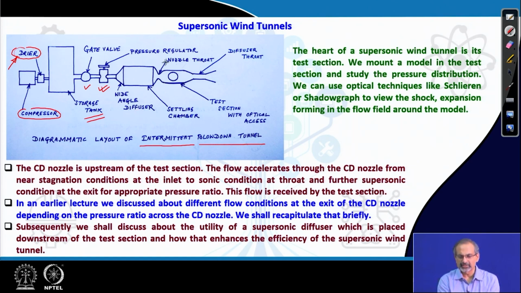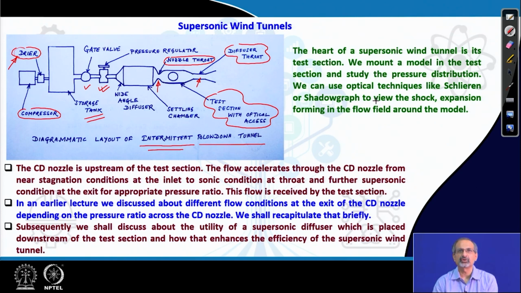Then you allow it to run through a CD nozzle, where you can see the nozzle throat, and then into a constant area test section with optical access, and finally, the flow moves through what is called a supersonic diffuser, where you can see the diffuser throat over here, which is slightly more extended than the CD nozzle throat that we had here. So, this is a rough schematic of an intermittent blowdown tunnel.